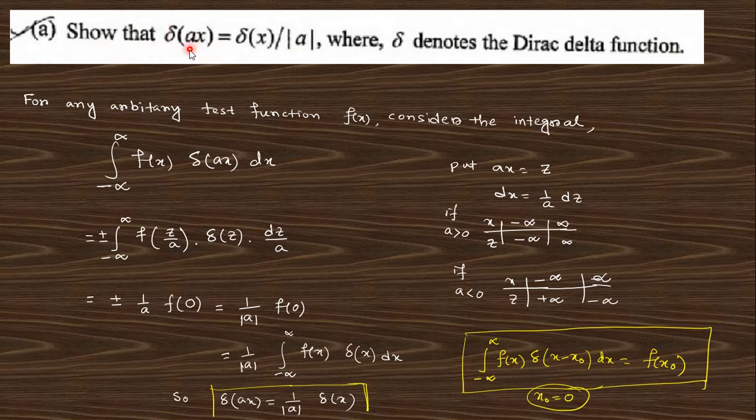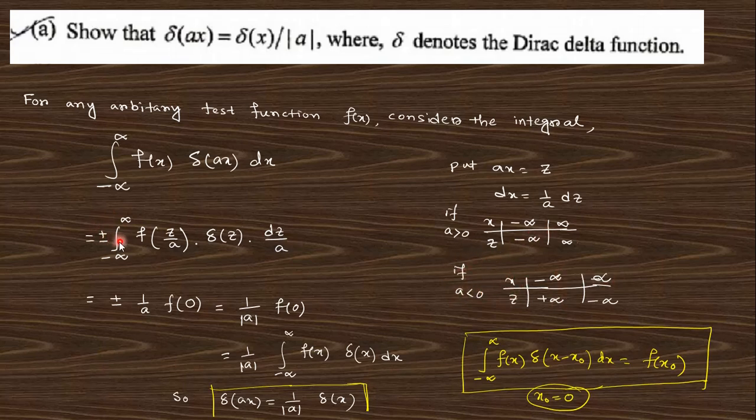So delta(ax) equals delta(x) by mod a, where delta denotes the Dirac delta function. You know, for an arbitrary function, the Dirac delta function can be written like that. If you take ax equals z, then dx equals dz by a. If a is greater than 0, the x limit and z limit are the same, but if a is less than 0, the limits will be opposite.